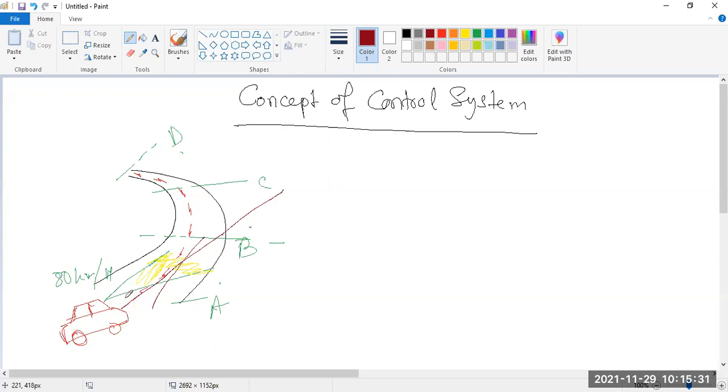At that moment, when your eye is seeing that, it sends the message to your brain. Your brain suddenly commands your hands so that the speed should be reduced because here is a turning or some difficulty. You reduce the speed by your brake or accelerator.